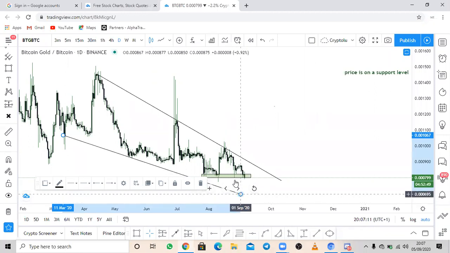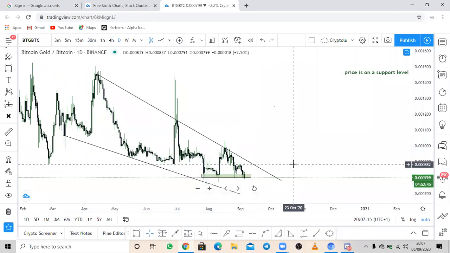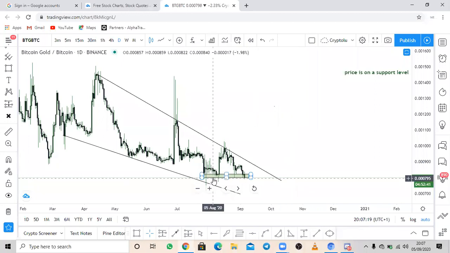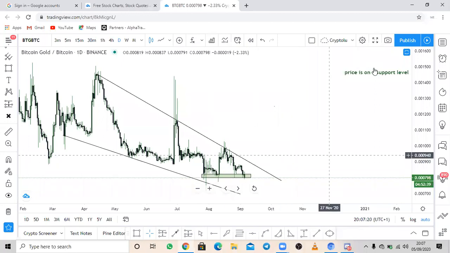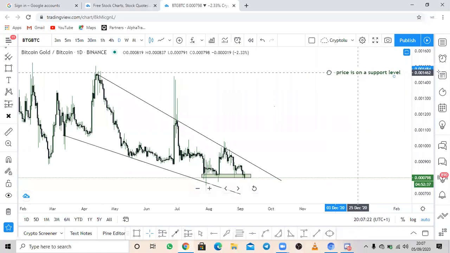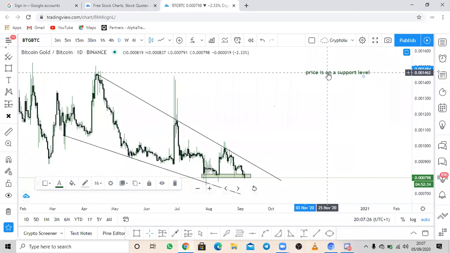Okay, so we have like a falling wedge here. So a falling wedge plus a support level is actually a good confluence reason for me to take this trade. So let me add it to my confluence.